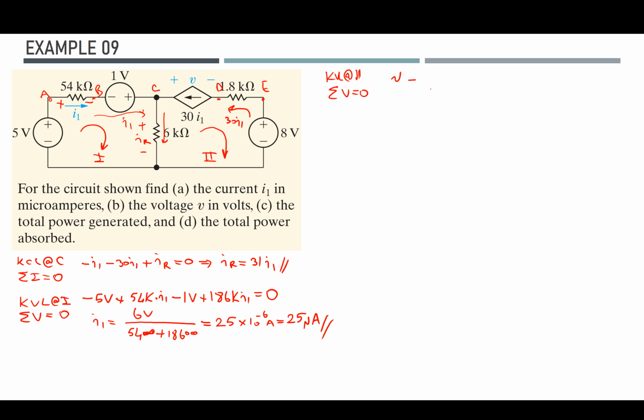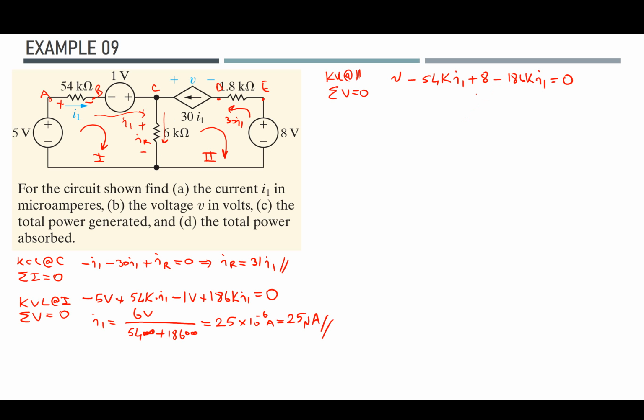So if I calculate the voltage drop values, 64 I1, and there is the 8 volts, which is in the same direction that I'm rotating, so I take it as is. And then there is the voltage drop over the 6k resistor, which will be 186k I1. That will in total make 0.